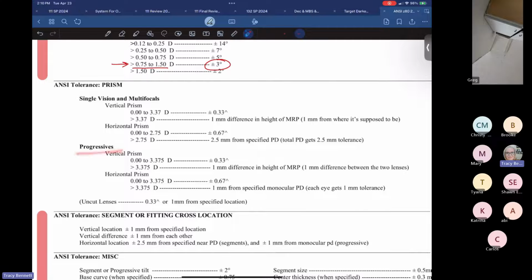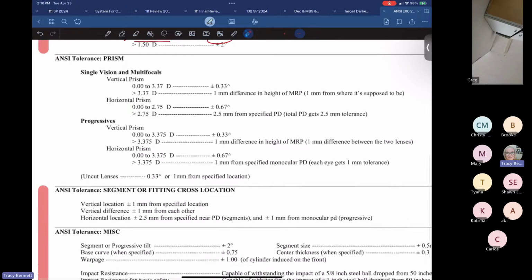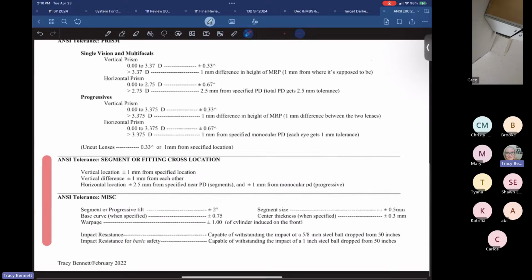With progressives, it's pretty much, you only get a millimeter all the way around. And then the same kind of thing here, a third. Anyway, me and ANSI disagree on this one, but just know your third and 1 millimeter and your 0.67 and 2.5, and you should be good.